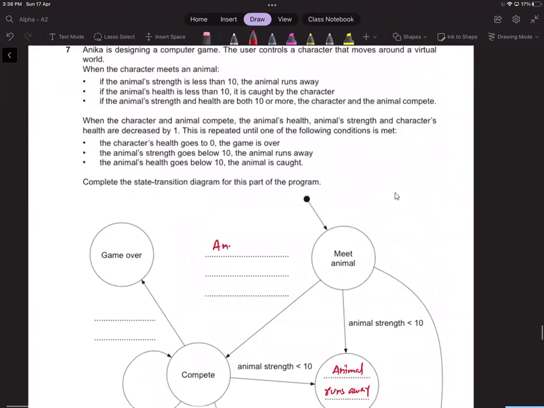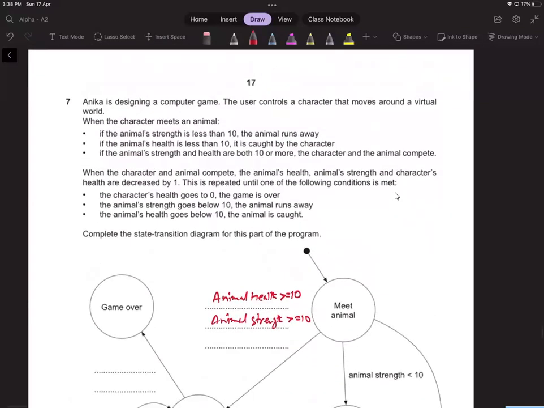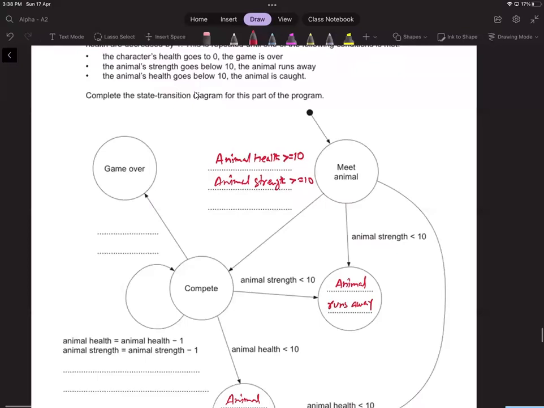Animal health is greater than or equal to 10 and animal strength is greater than or equal to 10, then they compete. When the animal and the character compete, the animal's health and animal's strength and character's health are decreased by 1.